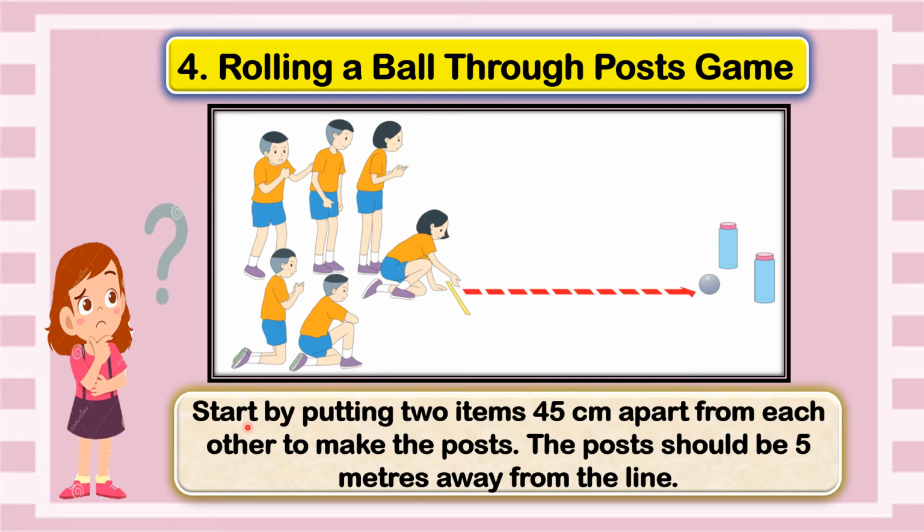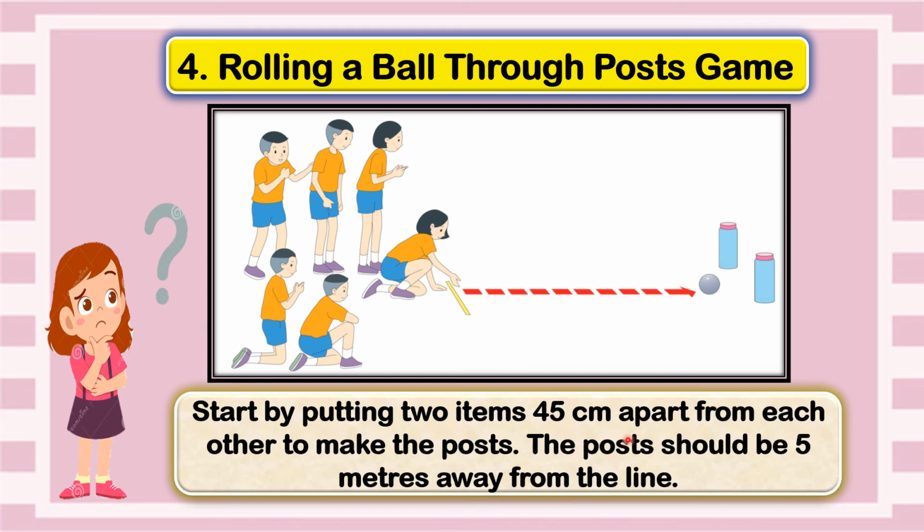Start by putting two items 45 centimeters apart, so these two bottles are 45 centimeters from each other, to make the posts. You can have different objects that you put here, not only bottles.